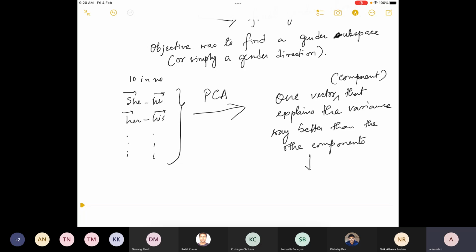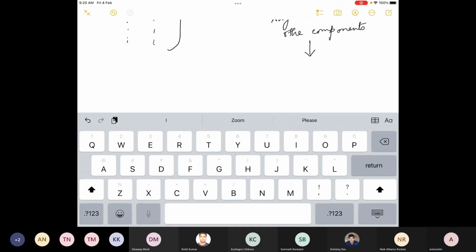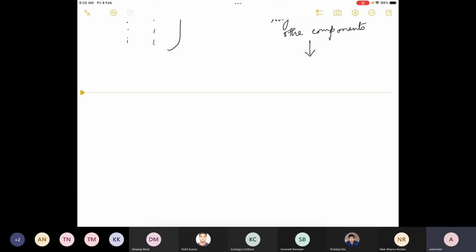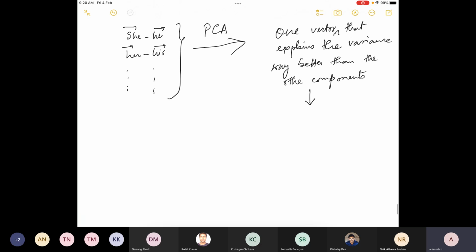So what is this vector? This vector, which is generated as a kind of summary of the 10 vectors representing gender directions, this representative summary of these vectors, is nothing but the representation of the gender direction.